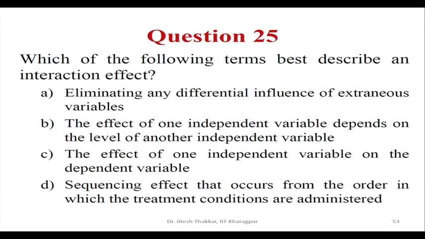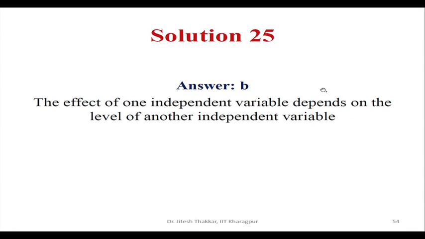C. The effect of one independent variable on the dependent variable. And D. Sequencing effect that occurs from the order in which the treatment conditions are administered. So, the correct answer is B. The effect of one independent variable depends on the level of another independent variable, and this is the answer.